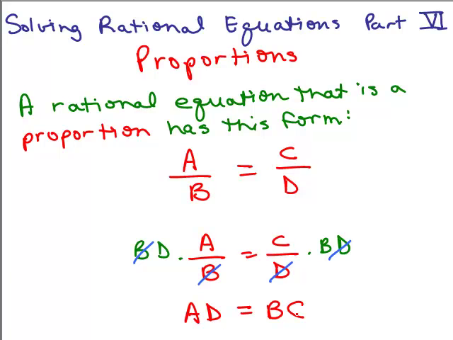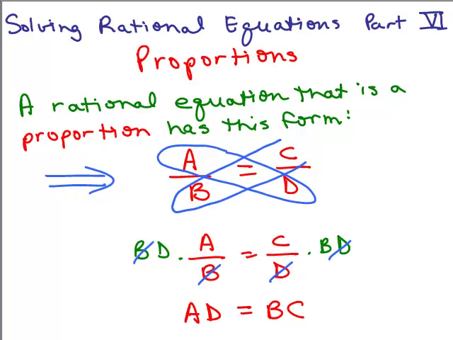Well, what is that really? What's really going on is, if you look at your original proportion right here, you multiply A times D, and that gives you the same thing as multiplying B times C. So that's the idea.